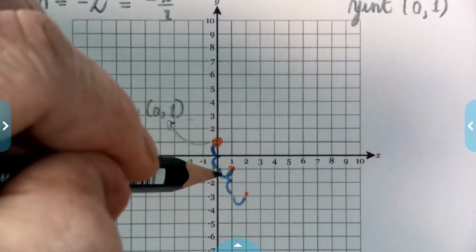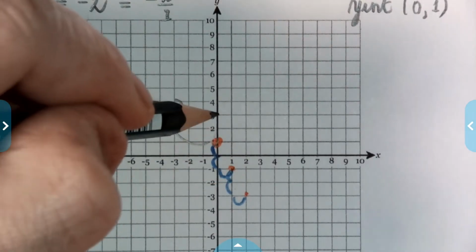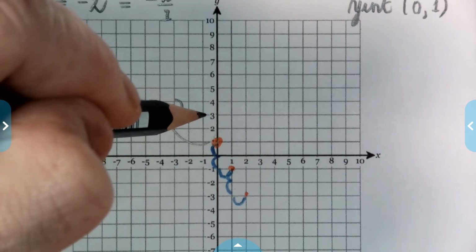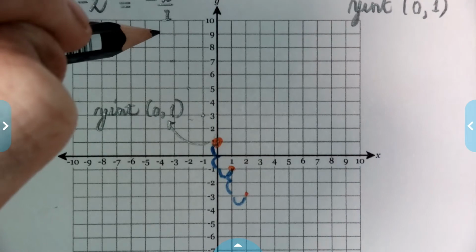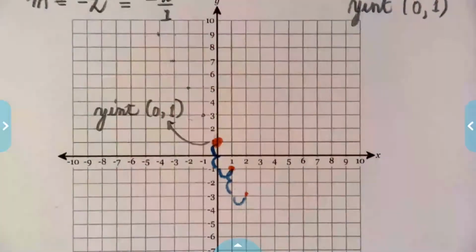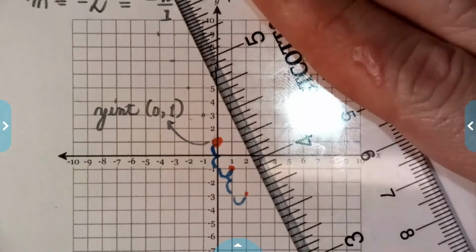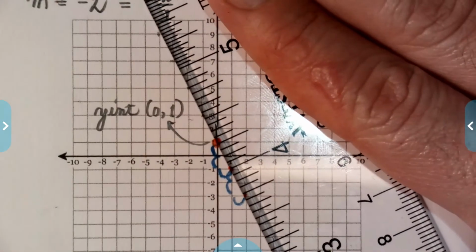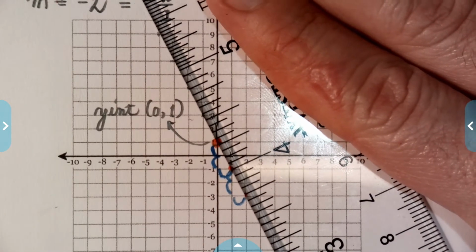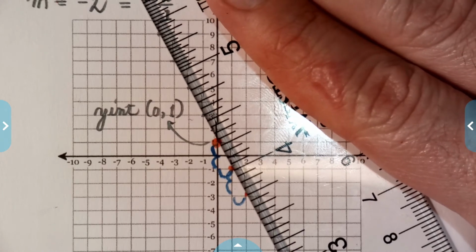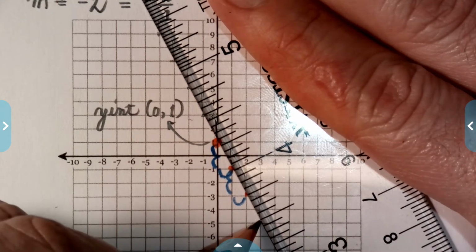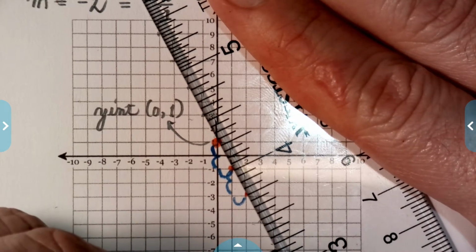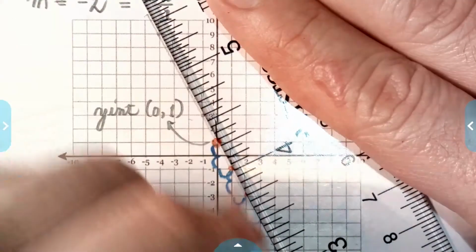So instead of down 2, right 1, I go up 2, left 1, up 2, left 1. It just gives me more points to line the ruler up with. So there should be a point there, a point there, a point there. Looks like it's going to be fine.